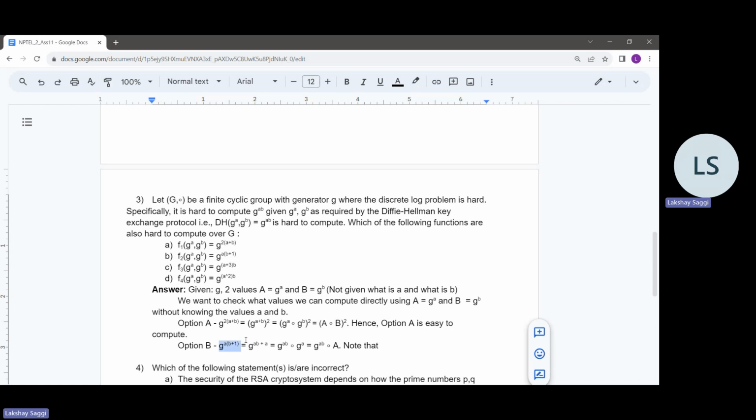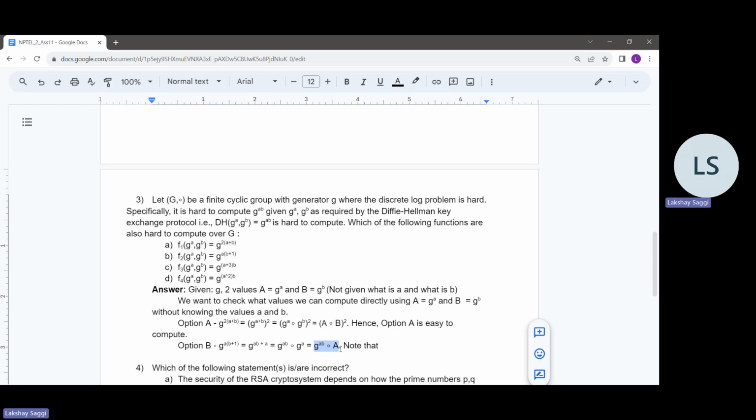So I've written down this value in terms of g to the power ab times A. And now what I'll try to do is see if doing this is easy or hard.